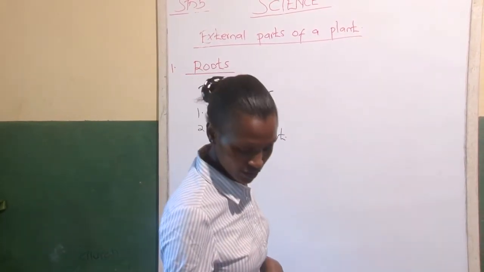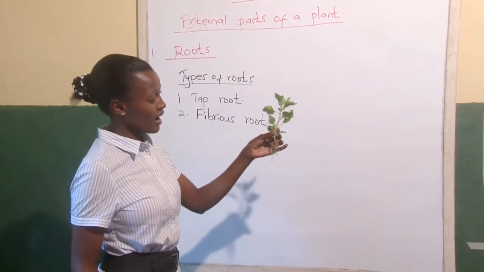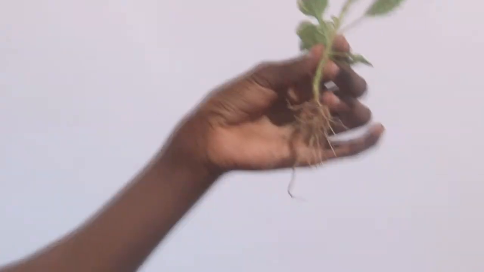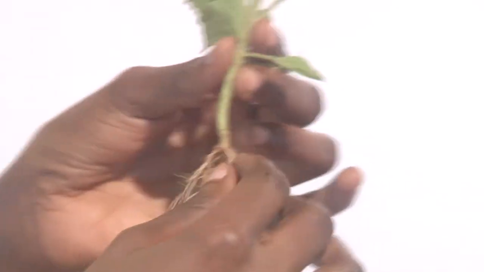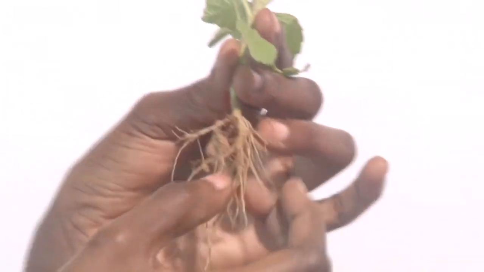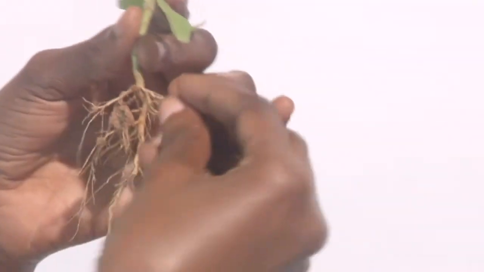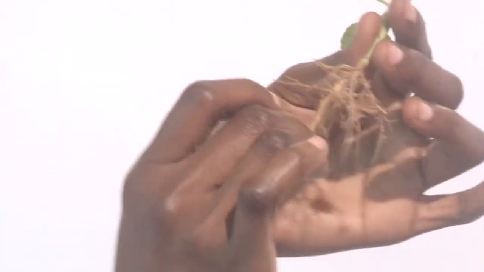As I told you, this is an example of a taproot. You find that there are some roots extending from the bigger root here, which are called the root hairs, and it's a good example of the taproot.